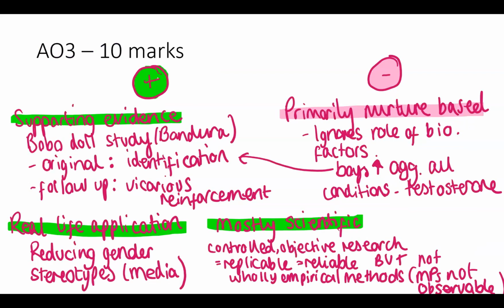Okay, looking at evaluation then. So there's lots of different aspects that you can comment on with the social learning theory approach. These were the 4 main points that I saw that were done particularly well in answers that I read, but you could also talk about things like how the fact that it accounts for some aspects of determinism and a bit of free will as well in terms of the role models we observe is a strength compared to some of the other approaches.